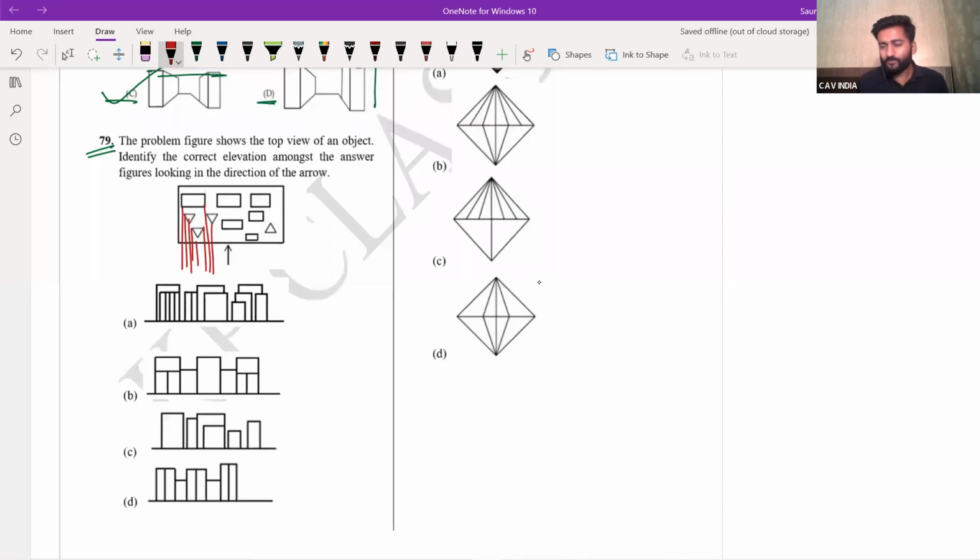We realize that a lot of lines should be there. There are no lines in C, so that got cancelled, and B or D have fewer lines, so they got cancelled. This particular question is actually easier. Sometimes you get options which are similar, so you need to count all of these lines, 1, 2, 3, 4, 5, and then compare the options. Getting such questions would be lucky, to get such easy questions straightforward.